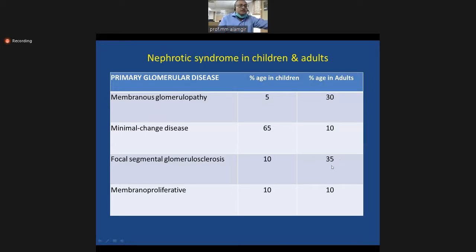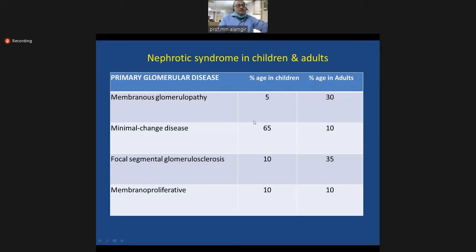So in adults, it is focal segmental glomerulosclerosis as a glomerular pathology which leads the causes of nephrotic syndrome. The next in line is membranous glomerulopathy, then minimal change disease and membranoproliferative disorder.